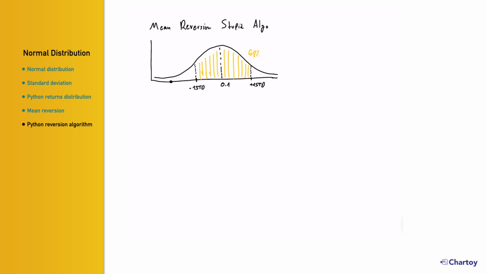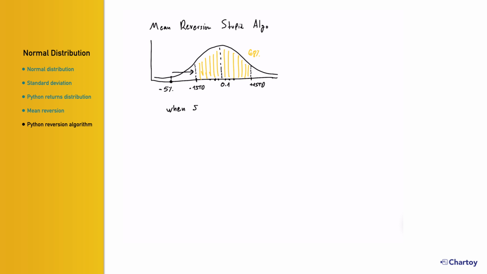But we can also assume that if we have one day with a minus 5% return, it's way out of the standard deviation area, and the probability of having that is very low. That means that once we have such a return, we can safely, quote unquote, assume that this point is going to go back to normality, back to where most of the time our results should be, right?